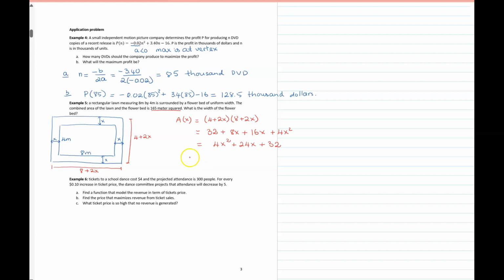This means the equation that we just got is equal to 165. And we solve for x in this equation. I'll go ahead and complete the square here.